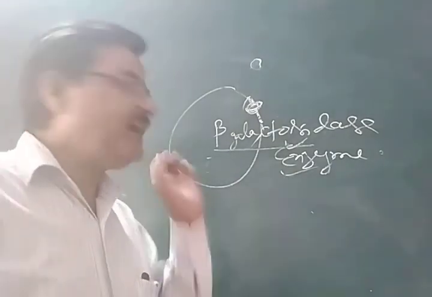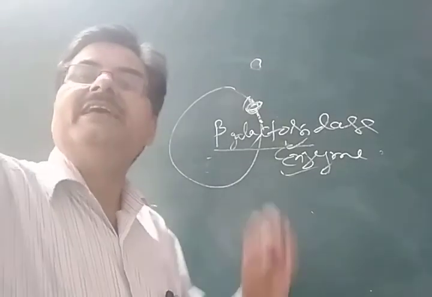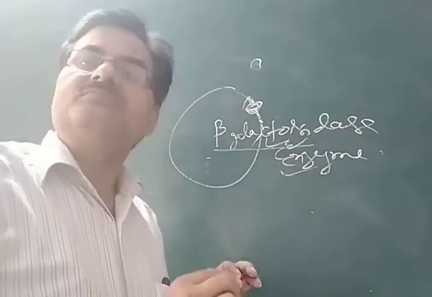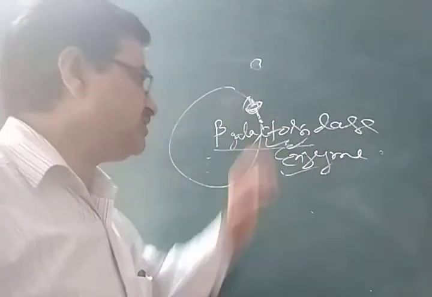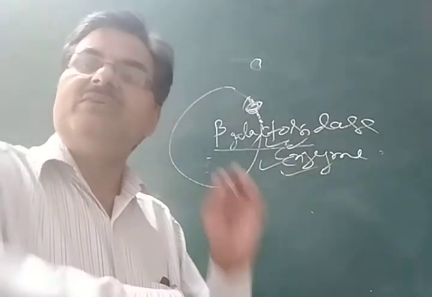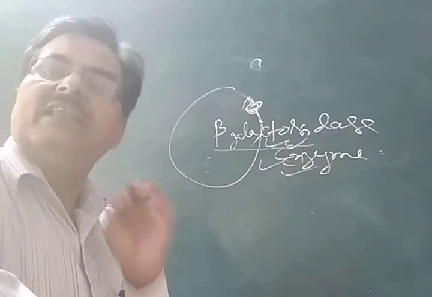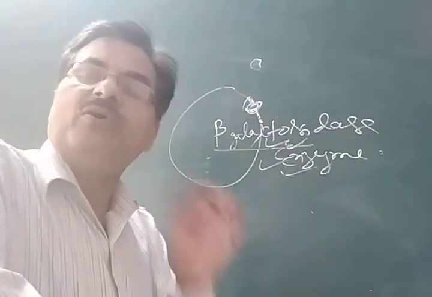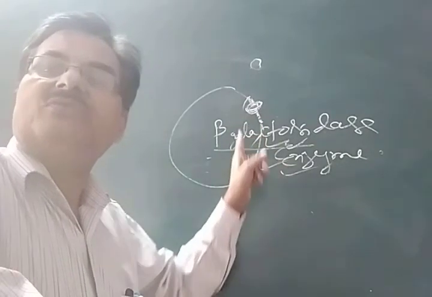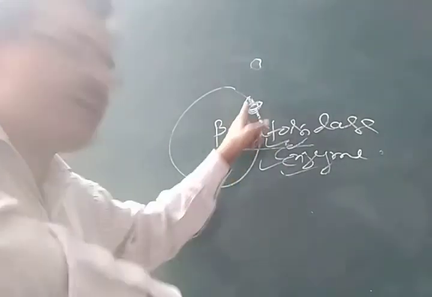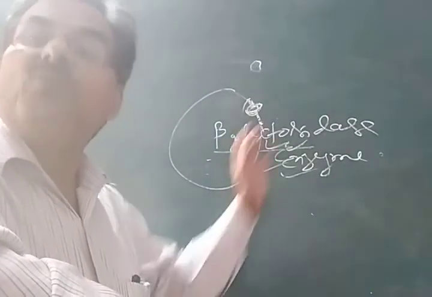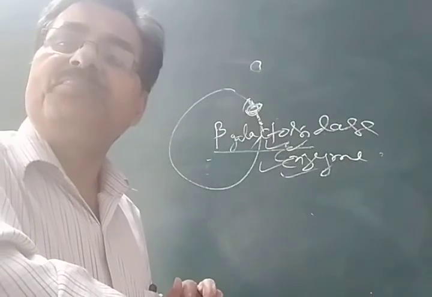So if we ligate a foreign or desired DNA into the gene responsible for the synthesis of beta galactosidase enzyme, that gene will be inactivated, and there will be no production of beta galactosidase enzyme.